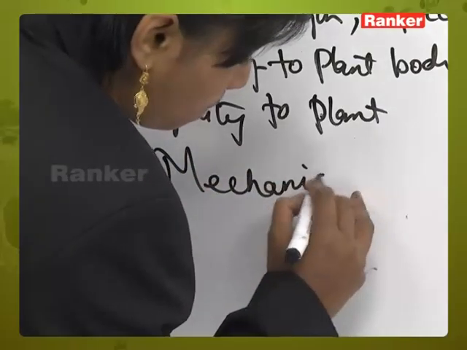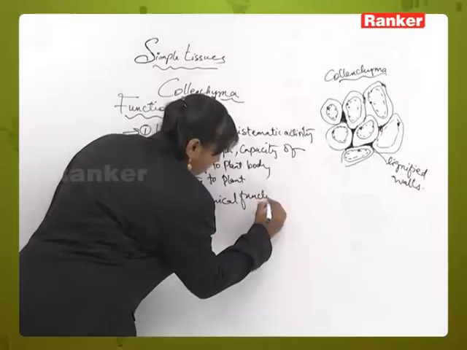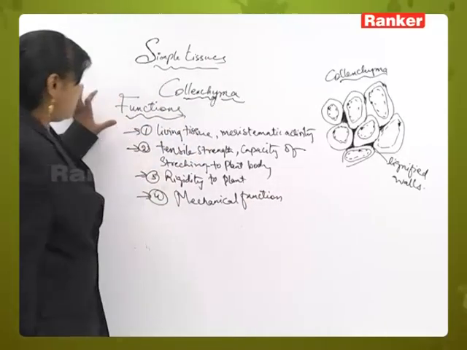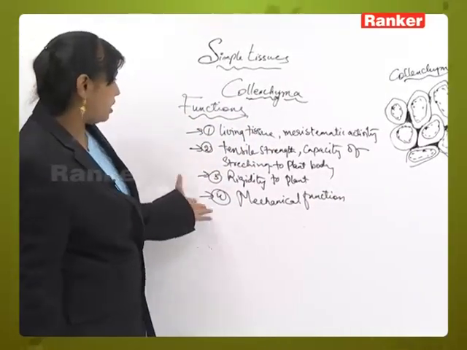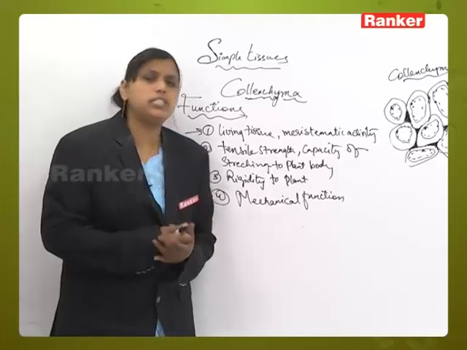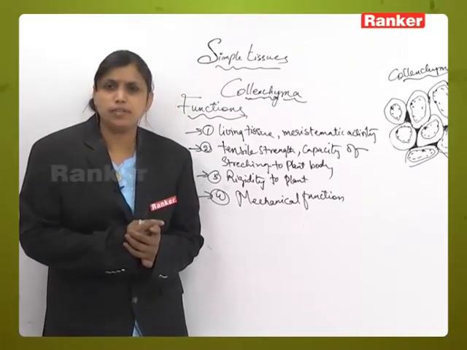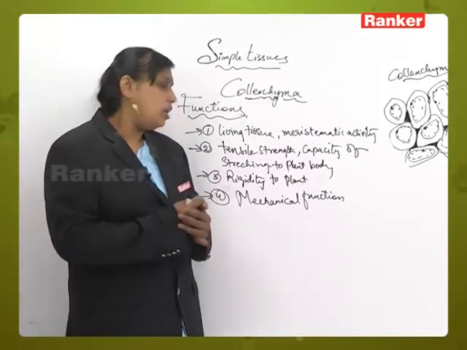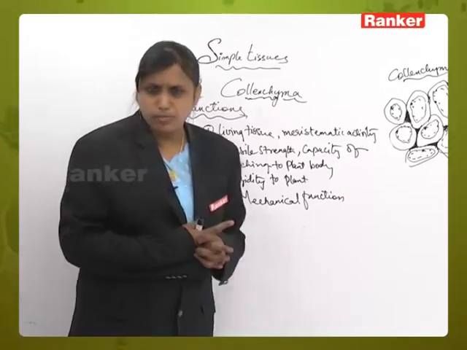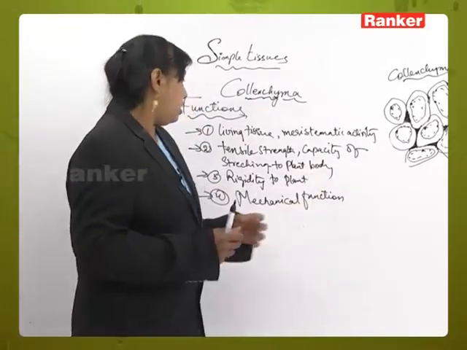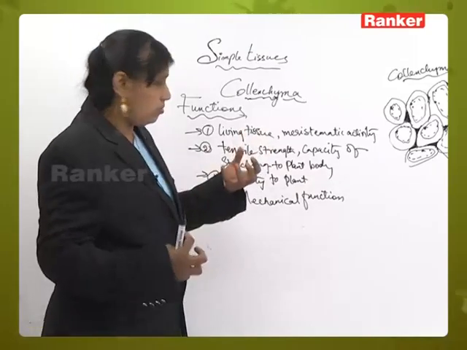Okay, these are the different functions which we can consider in Collenchyma. As we said, it is a living tissue and easily regains the capacity of dividing like meristematic tissue. It provides tensile strength to the plant body and also helps in stretching the plant body during growth.